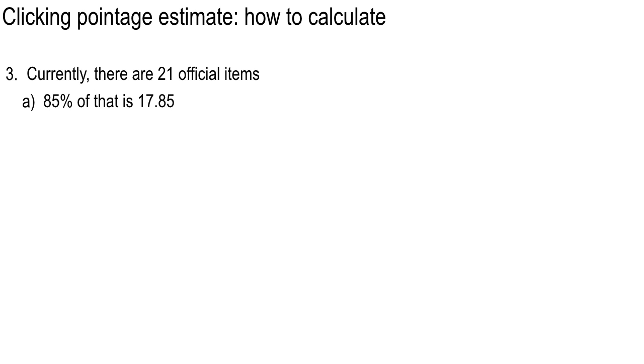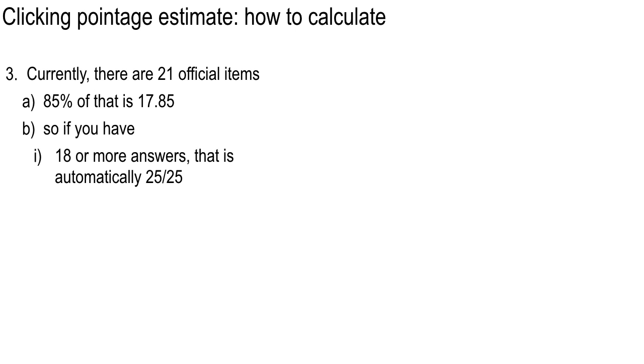So you can't have a fraction of a question. So if you have 18 or more answers on the books in web courses, and you can just look at your grades page and add them up, that means you're above 85%, and you get 25 out of 25.